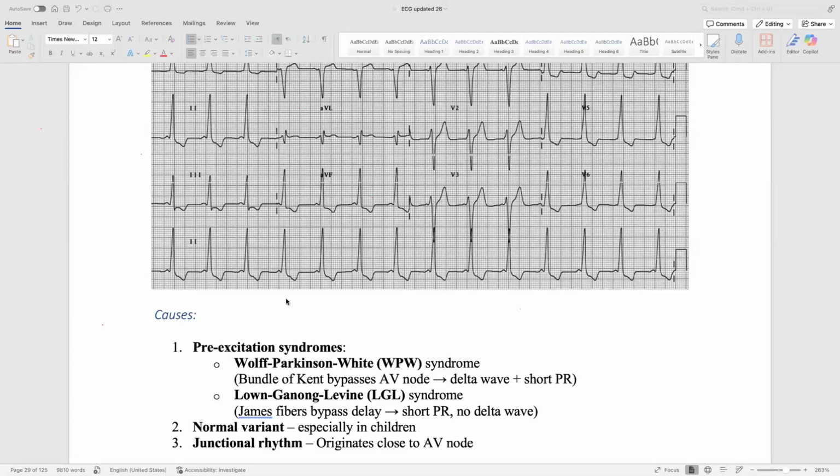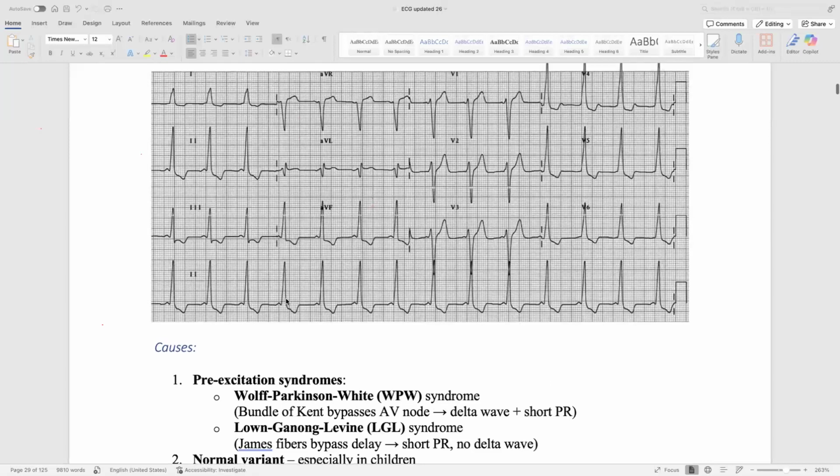Isn't the R wave in V1 negative anyway? Yes, it is negative there, but there is a broad complex. So broad complex with normal R wave in V1, this is left bundle branch block.